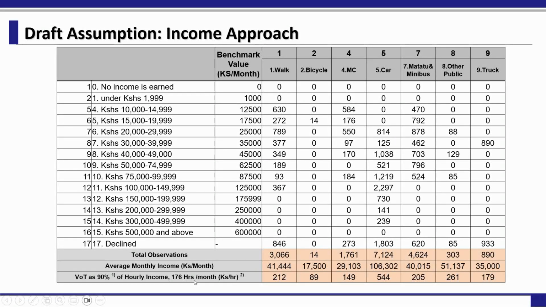According to the representative travel models, the average monthly income can be estimated like this. I'm not sure why motorcycle users' income is much lower than public transport users, but this is the result.